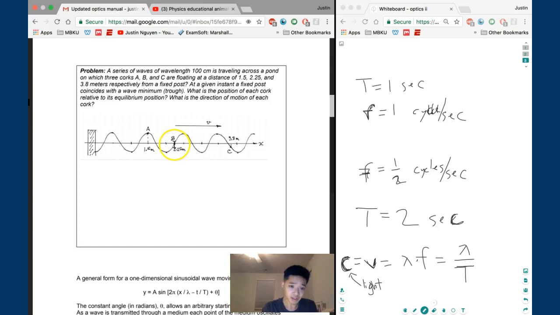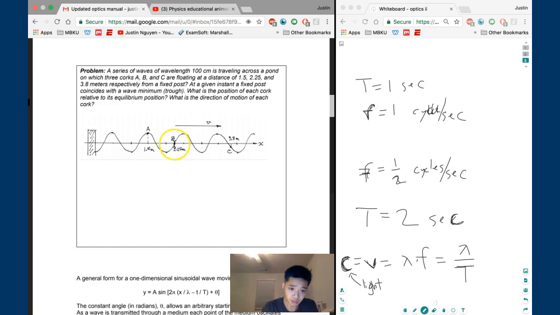B, on the other hand, if you imagine the wave going to the right, would move down.